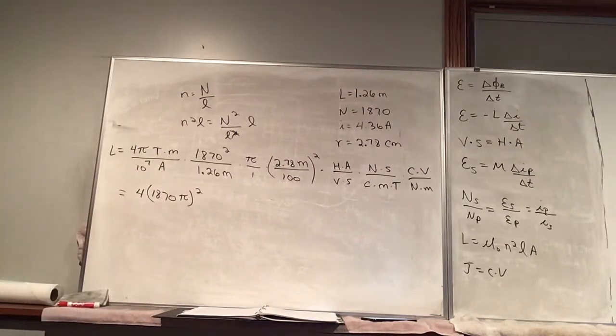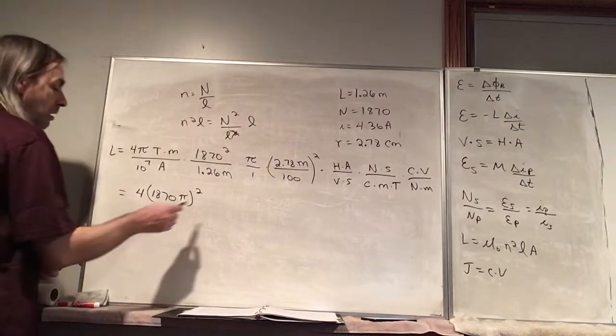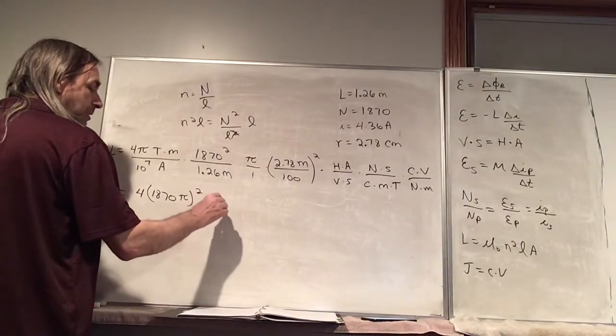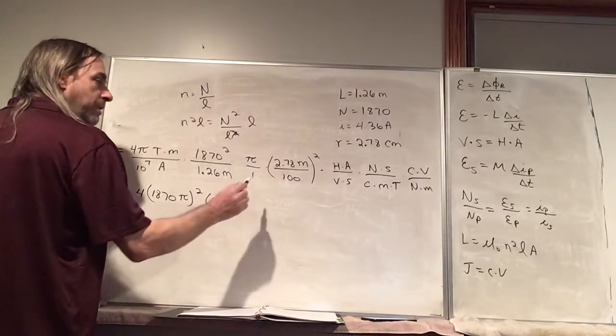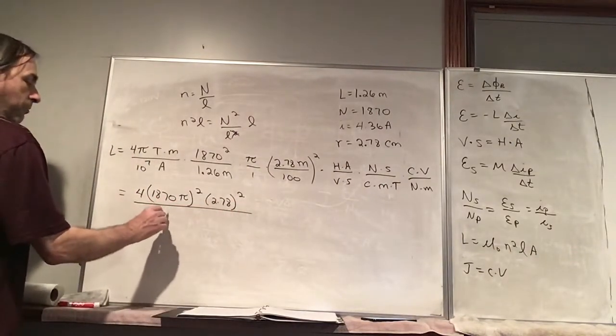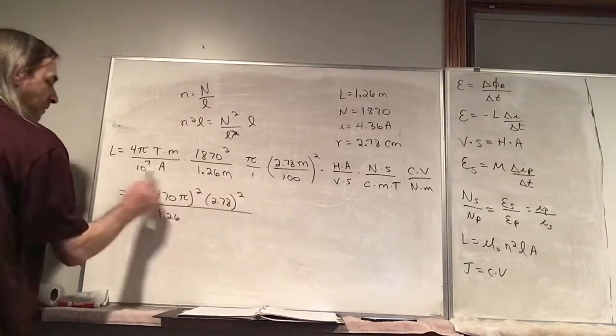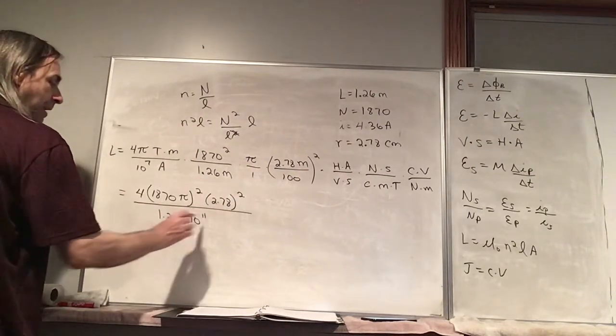So we can do 1870 pi, square it, and then multiply by pi. So that takes care of up to here. 2.78 squared. We could have thrown that in the parentheses as well. On the bottom, we have 1.26. And then this is 10 to the 4, so 10 to the 11th.